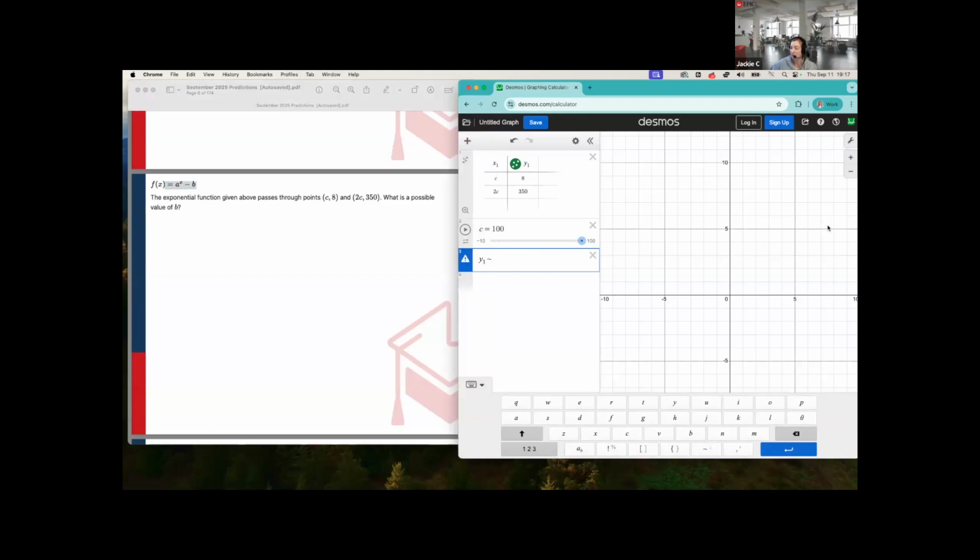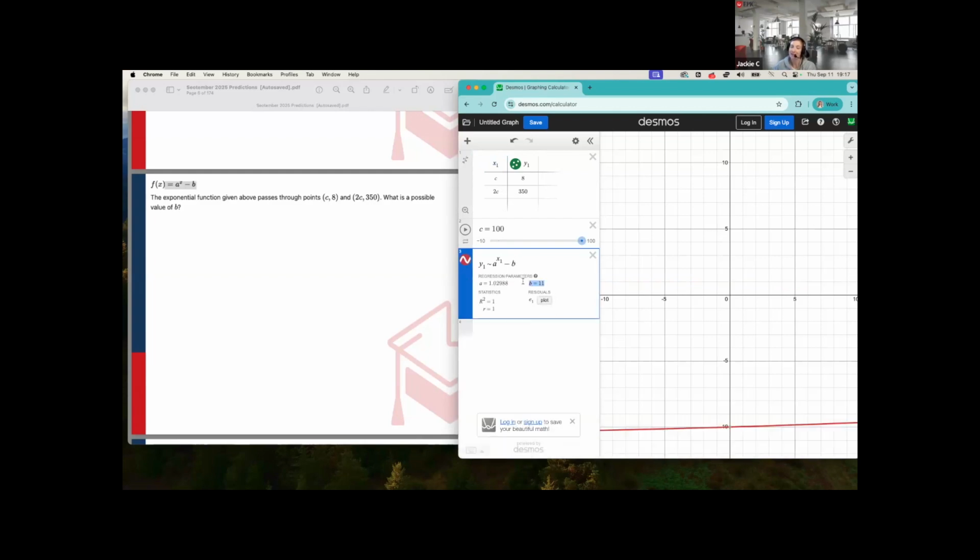So I'm going to put a to the x, and note when you're doing regressions, you have to put x1. I'm grabbing the information from the x1 in the table. And then I put minus b. Oh my goodness, and there's our answer. B is 11. And you see, no matter how much I slide here, b stays at 11. Wasn't that so great?